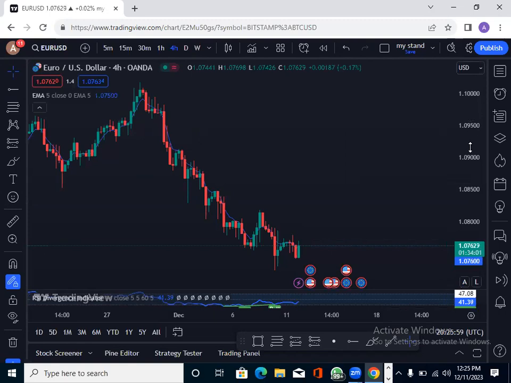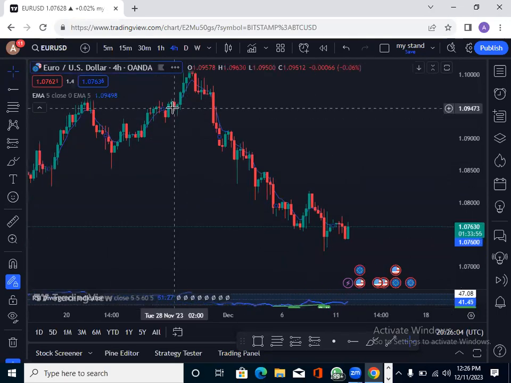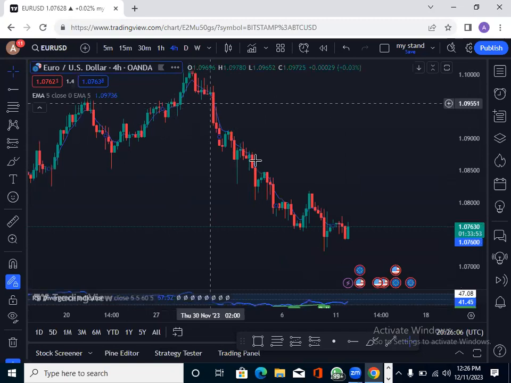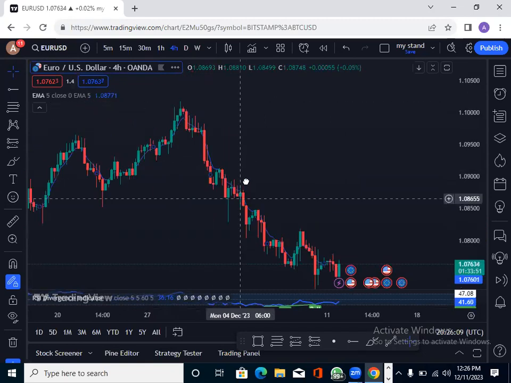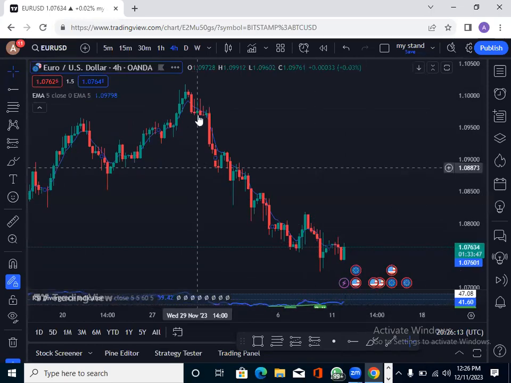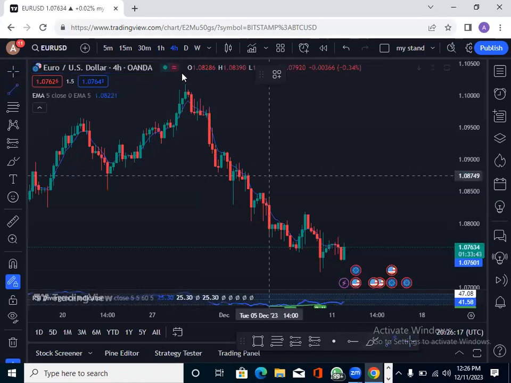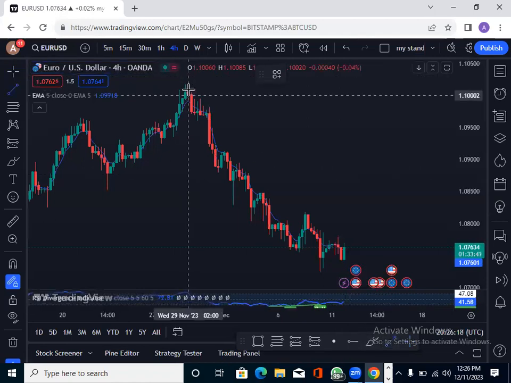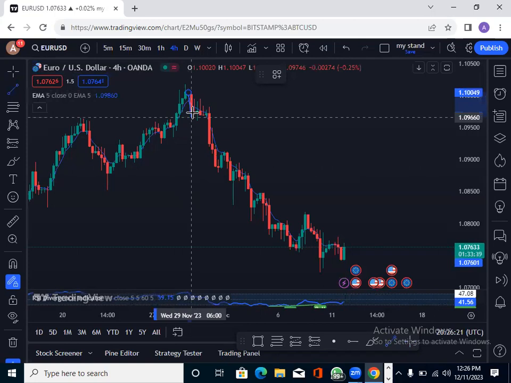If you look at it, you notice the market has been on a downtrend for a long time. So what do you do to identify this trend, to know where to enter the market? That is why you should draw this and identify it. Take the trend tool.